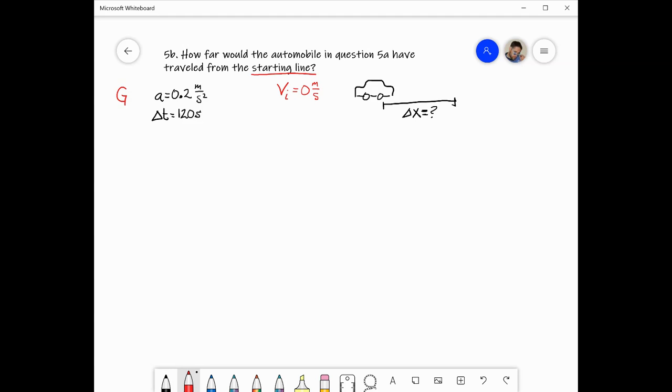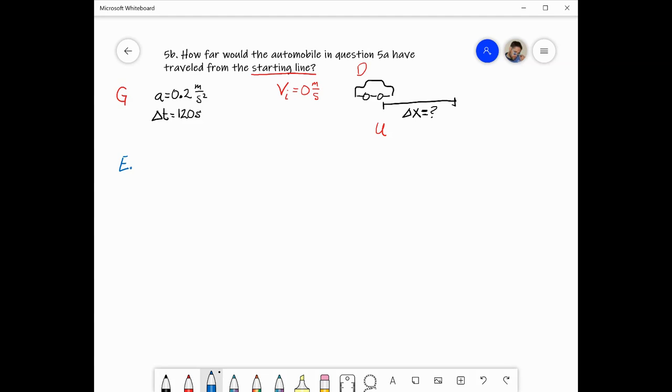So this here is my D and my U when it comes to solving these pieces. I need an equation in order to work this out. We only have 3 equations to choose from so far in this class. I need one that involves delta x and an acceleration and a delta t and things like that.